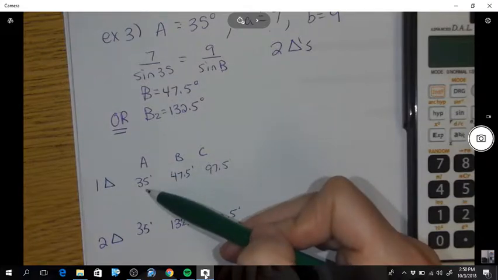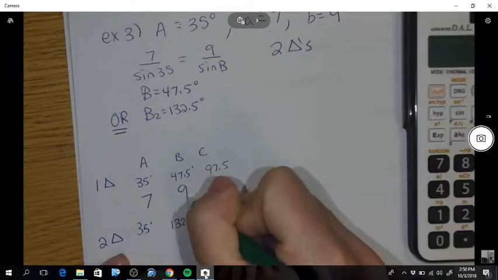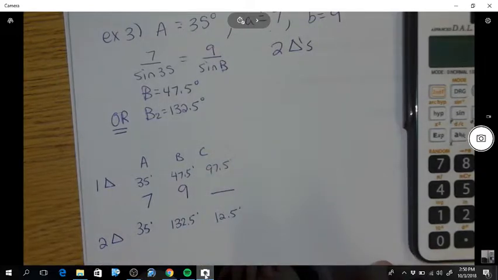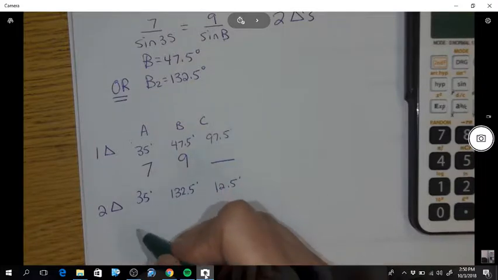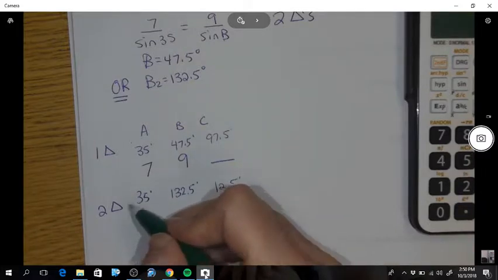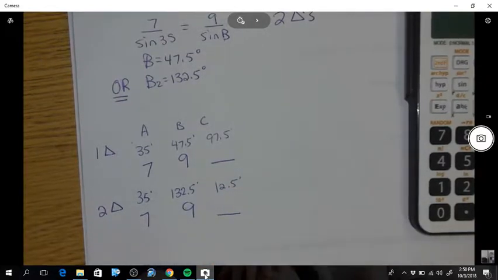In triangle 1, side A is 7, side B is 9. I want to know that third side. In triangle 2, side A is 7, side B is 9, and I want to know that third side.